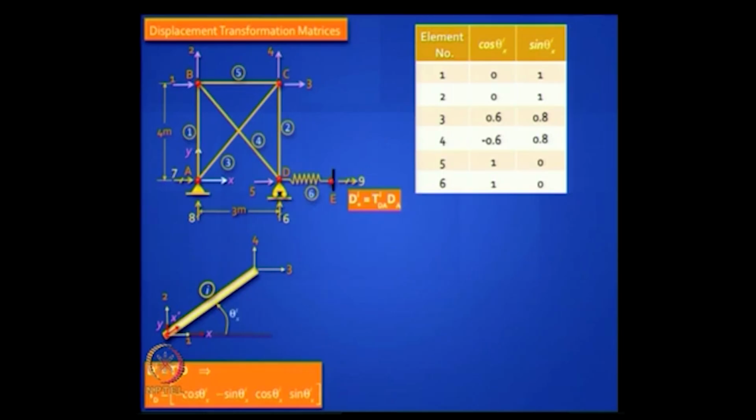You will have 9, 5 belonging to active degrees, 4 belonging to the restrained. So you will have mostly zeros and these 4 non-zero quantities: cos theta, minus sin theta, plus cos theta, plus sin theta. So each row will fill up 4 locations, the rest will be 0.